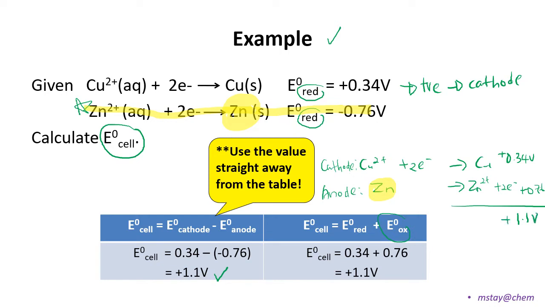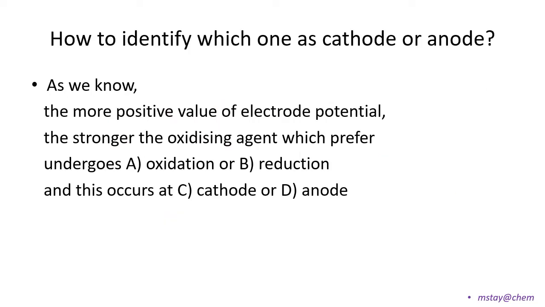So to make it easier, maybe you can remember the formula E naught cell equals E naught cathode minus anode, and then you can straight away get the values from the SRP table. Until this part, you supposedly have to always know how to identify which one is the cathode and which one is the anode based on the information given.